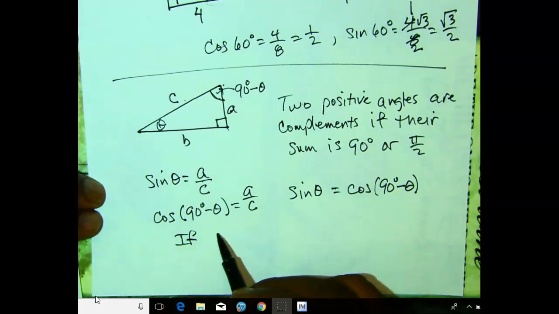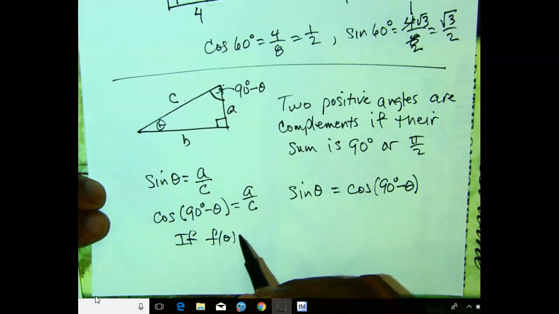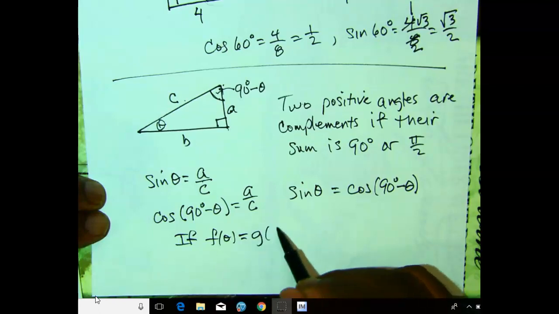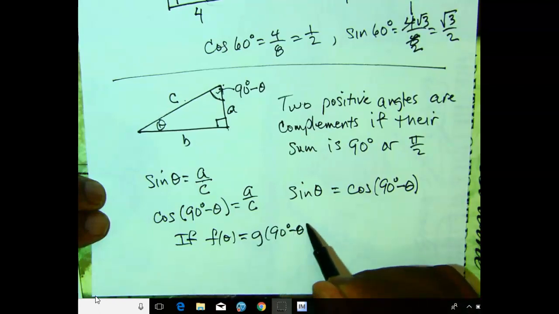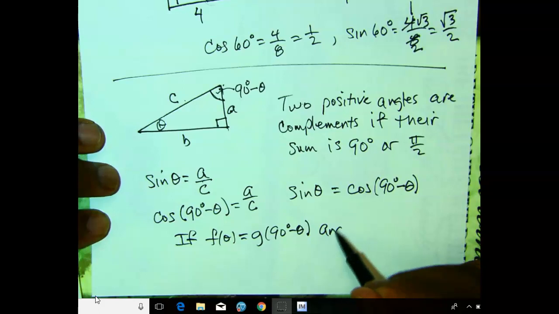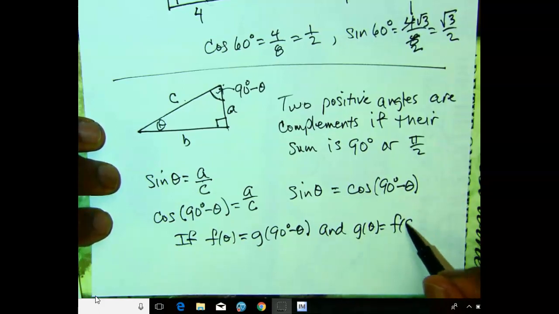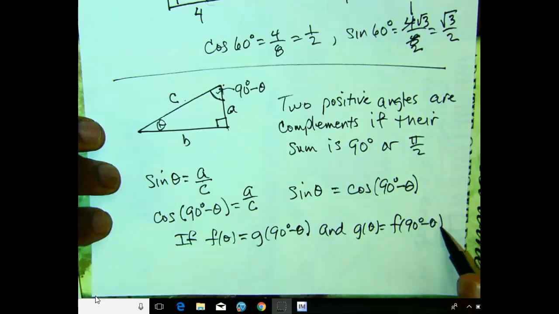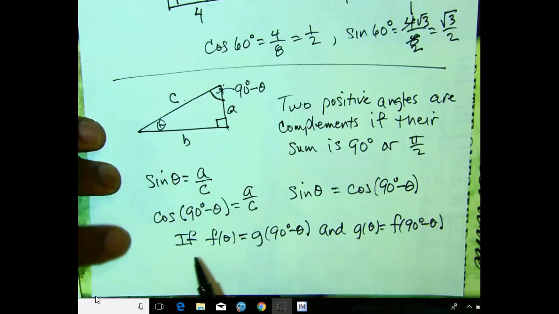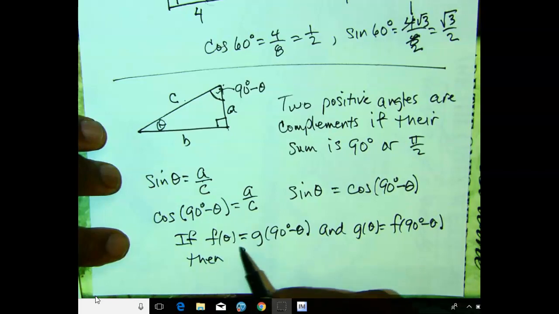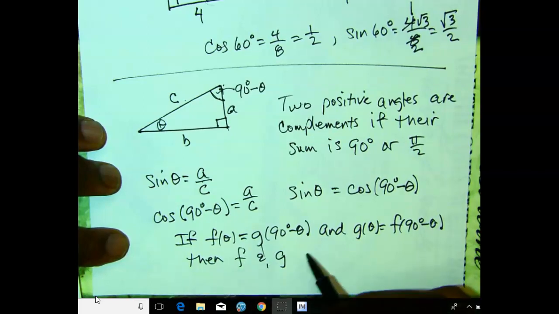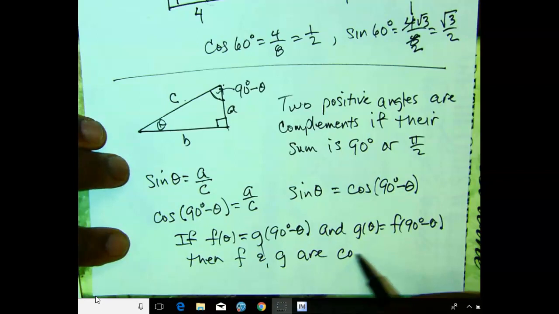If f of theta is equal to g of 90 degrees minus theta, and g of theta is f of 90 degrees minus theta, then f and g are cofunctions.